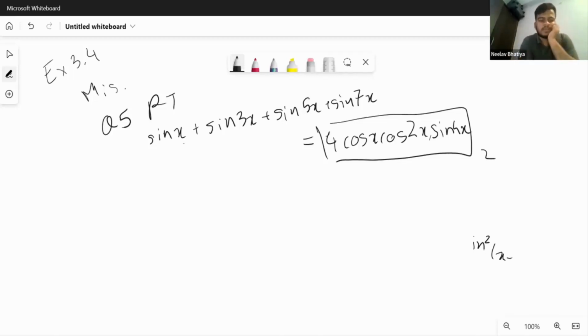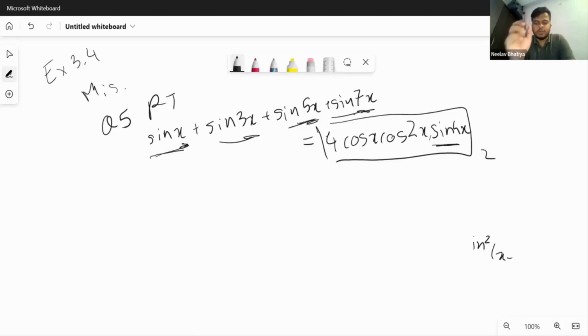Try and look at this: x plus 7x equals 8x. 3x plus 5x is also equal to 8x. So if I apply the sin c plus sin d formula to these two terms and these two terms respectively, I am going to get sin 4x as common. That is very simple to observe, because sin c plus sin d equals 2 sin (c plus d) by 2 cos (c minus d) by 2. In the RHS as well, we see a sin 4x term.